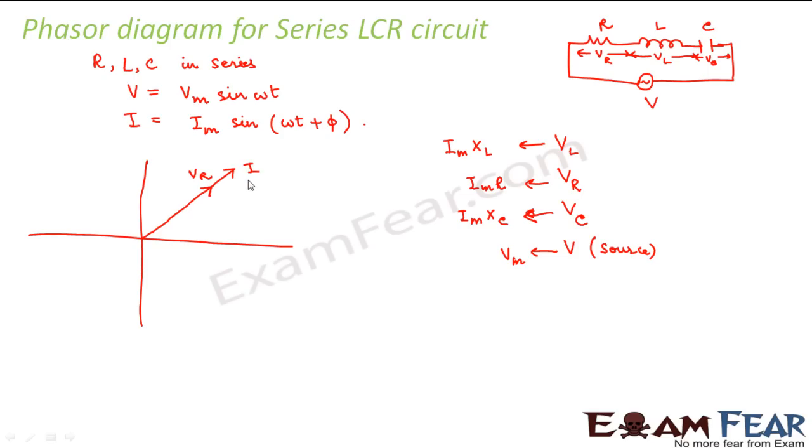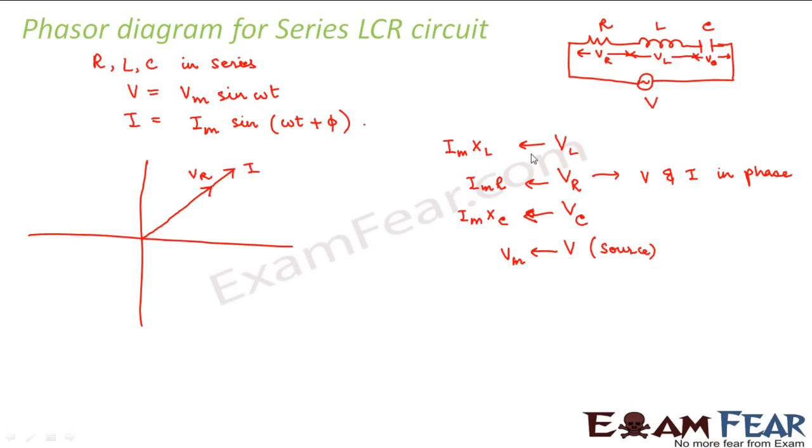So if this is my current, my voltage would also be along this direction, right? Remember the resistor circuit: V and I are in phase, which means V and I overlap with each other.